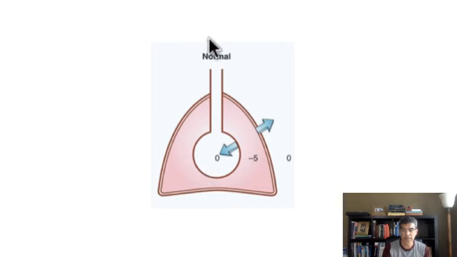So if that is zero, here must be zero also. So alveolar pressure in the normal situation is also zero. There is no need for air to go in and out, so the pressure inside the lung will be considered zero.